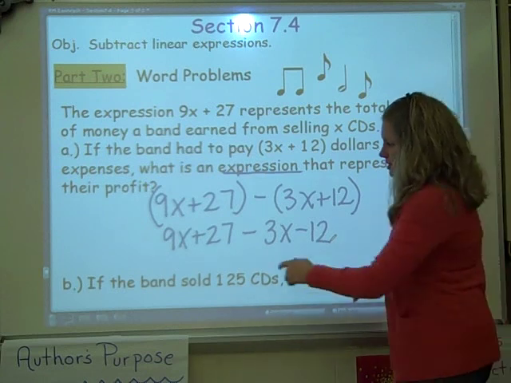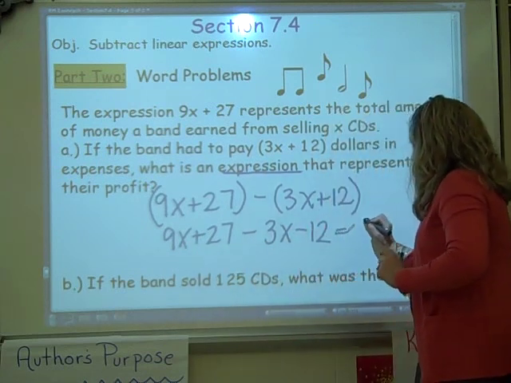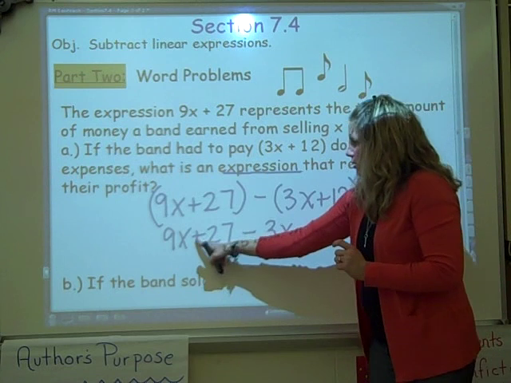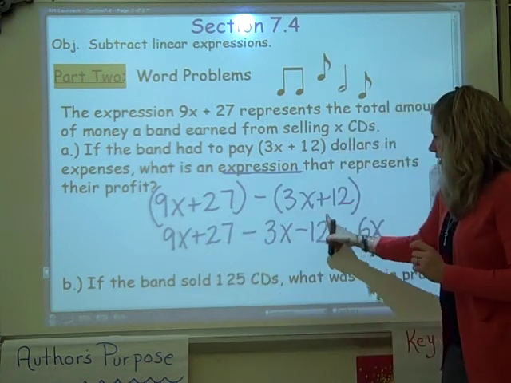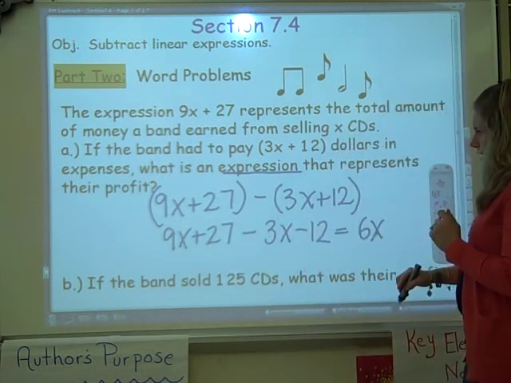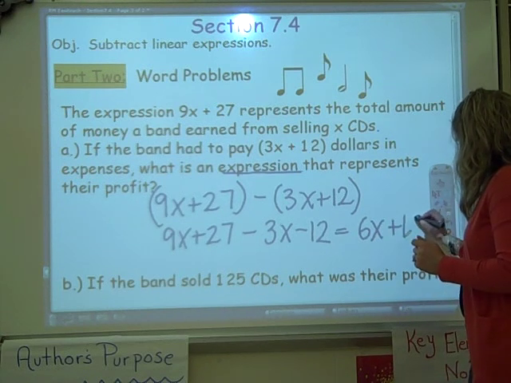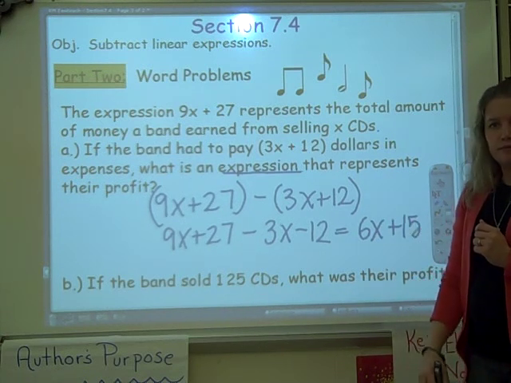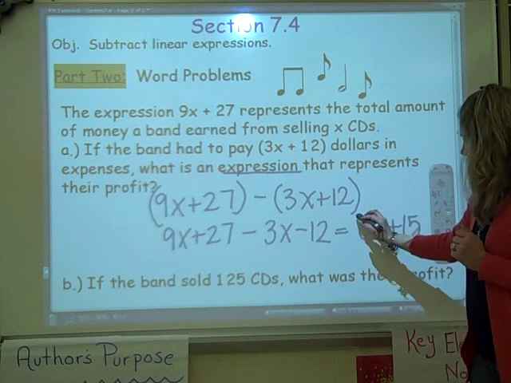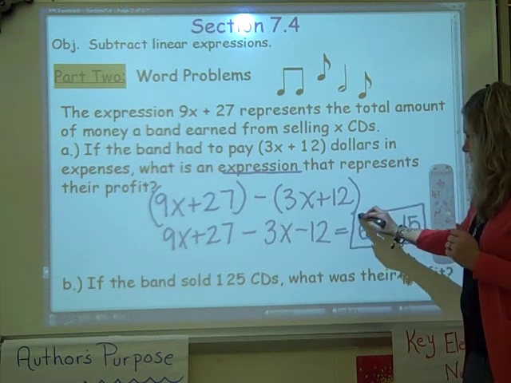Put together like terms, 9x minus 3x is 6x. Positive 27 minus 12, I'm looking at positive 15. Okay, so that would be the first answer.